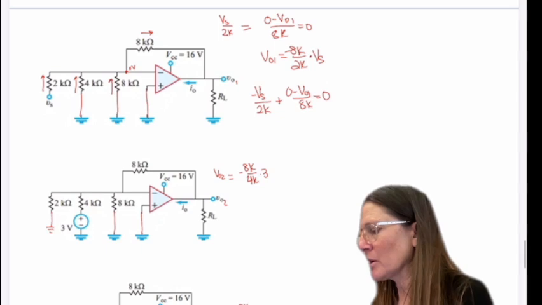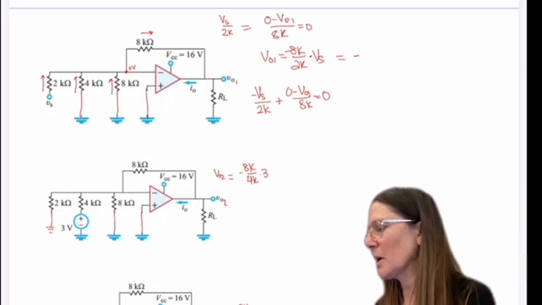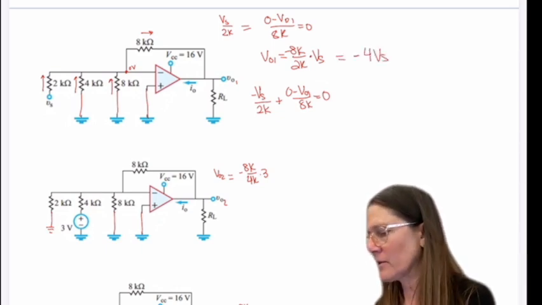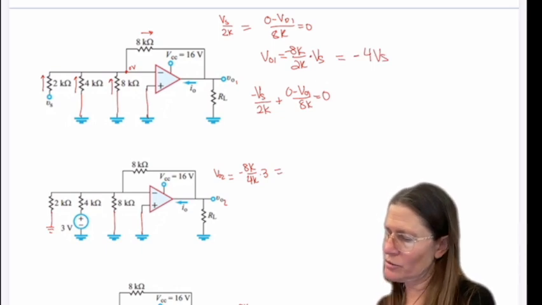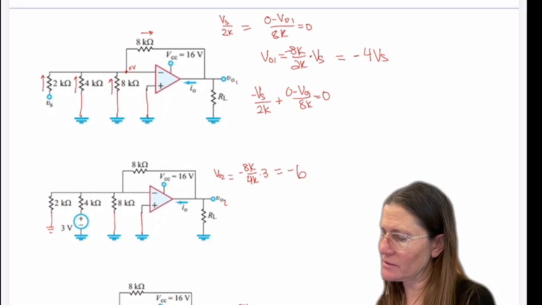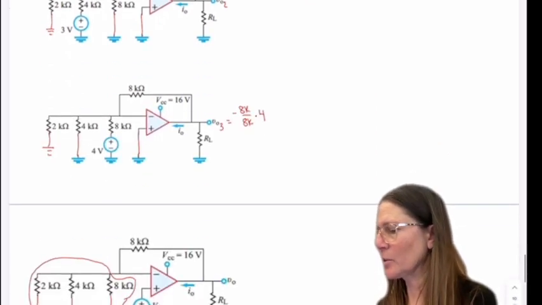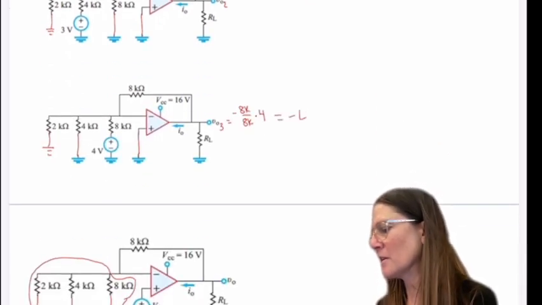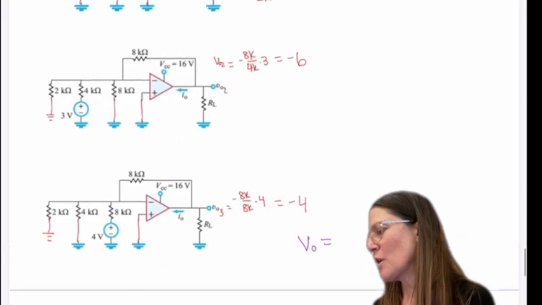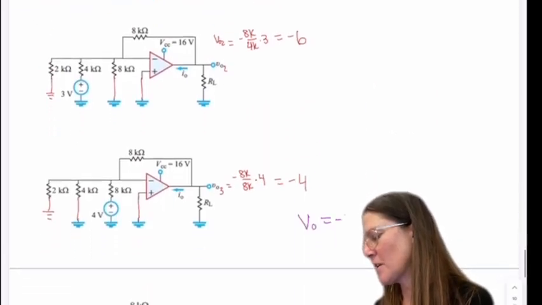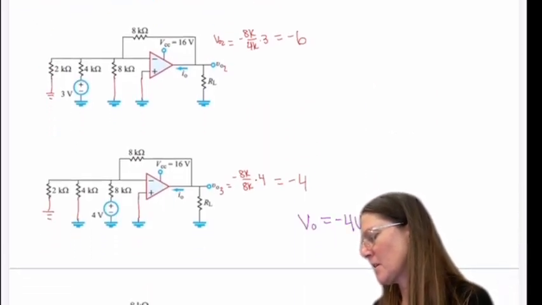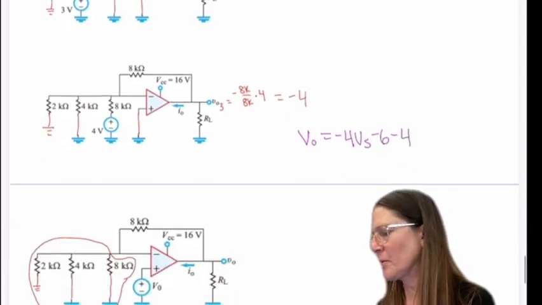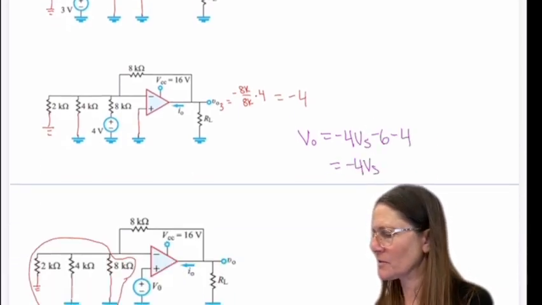So this one is minus 4 Vs at 2, so 6 minus 6. And this one is a minus 4. So your output is a minus 4 Vs minus 6 minus 4, or minus 4 Vs times minus 10.